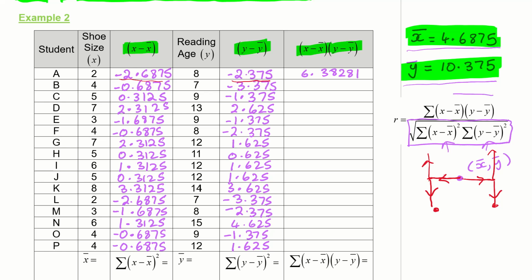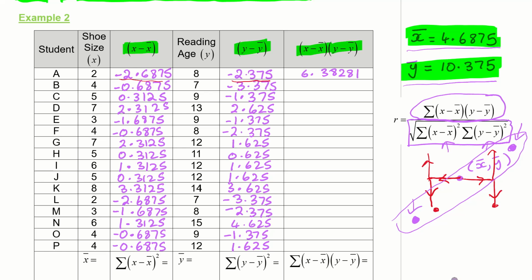So whether we have a positive or negative correlation all depends on the top. So if most points are actually down here or up here, then we end up with both negative, which gives us a positive, or both positive, which gives us a positive. So when we get a positive correlation, most of the points are lining up this way. Hopefully that makes sense in conjunction with what we've said before.